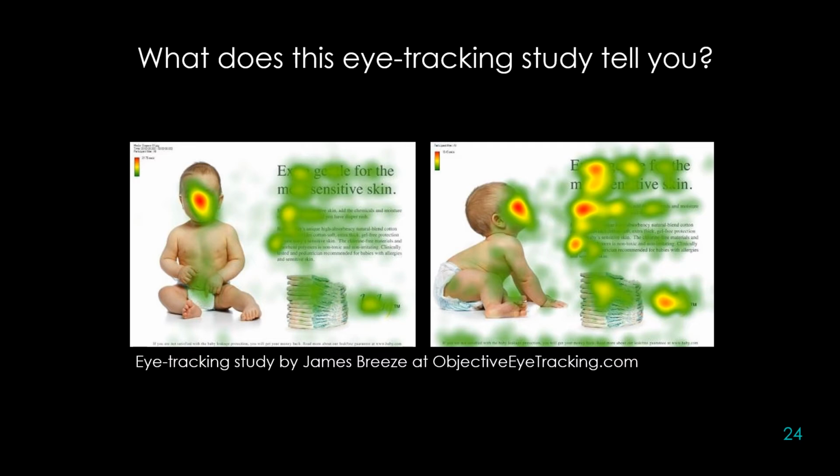We all look at faces first. So if you want people to look at the words that are also on your slide, try whenever possible to have the faces, if they're people, facing the words, because people will want to look where the face or the eyes are looking.